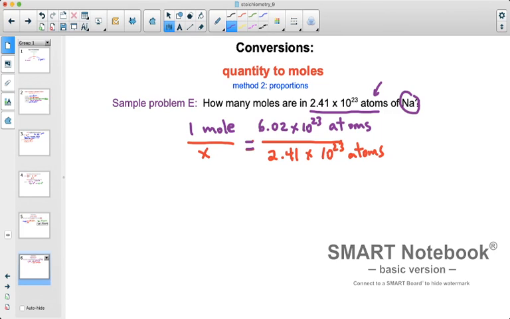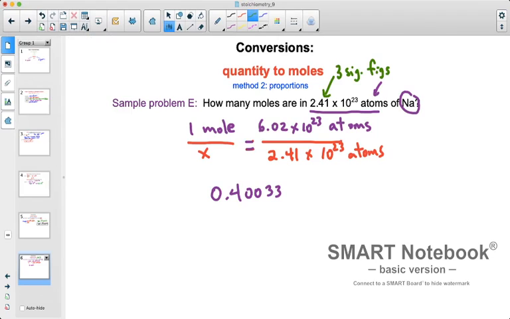When you put the numbers in correctly, and you divide your exponents and you divide your numbers, you end up getting the number 0.40033. Now, I need to put it in the correct number of significant figures. The number that I'm given is in 3 sig figs. So this number that I end up getting also must be in 3 sig figs. So I start counting from the left.